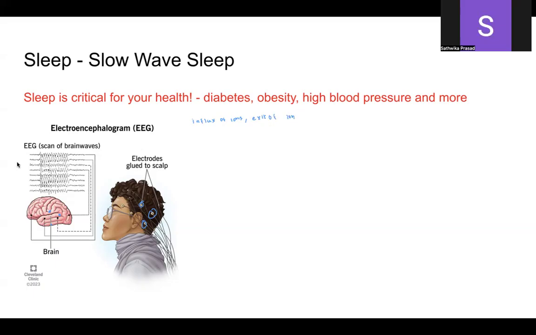And this is all electrical activity. So if this is all electrical activity, your EEG basically records that electrical activity in specialized groups of neurons. So for this electrode, it'll record the groups of neurons right here. This electrode will record the activity for groups of neurons here, and so on and so forth.